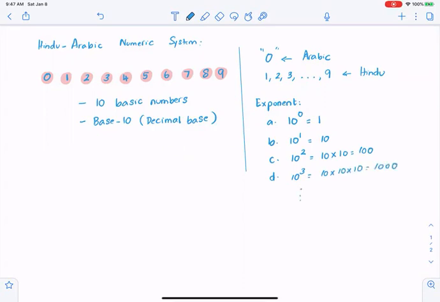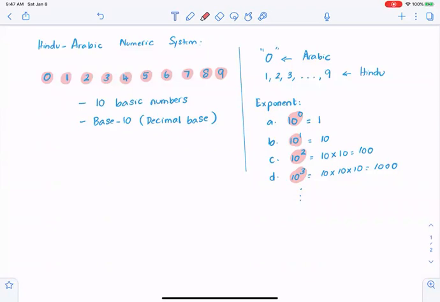And it can keep on going. So this is what we call an exponential notation. And we will need this when we get into the numeric system in detail.